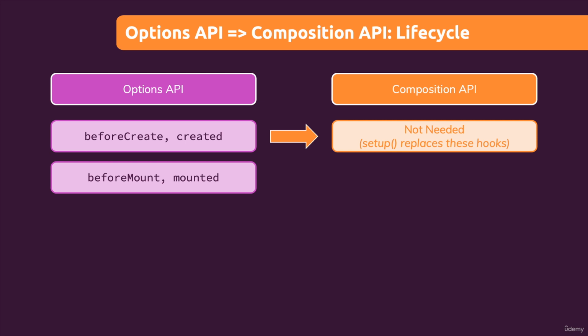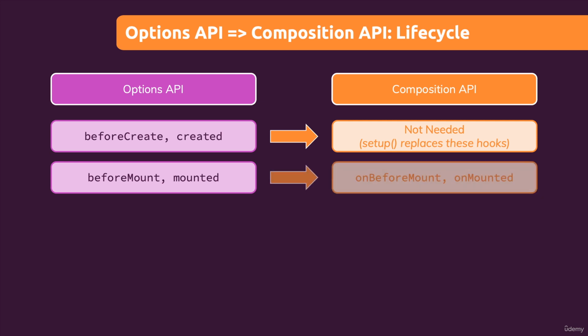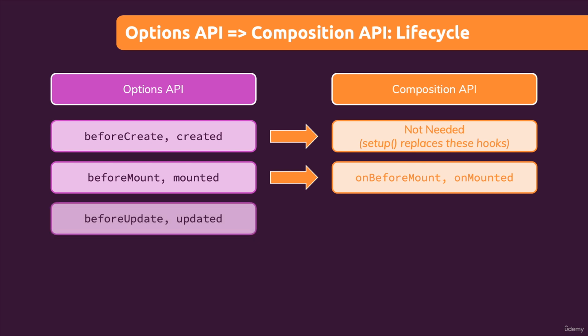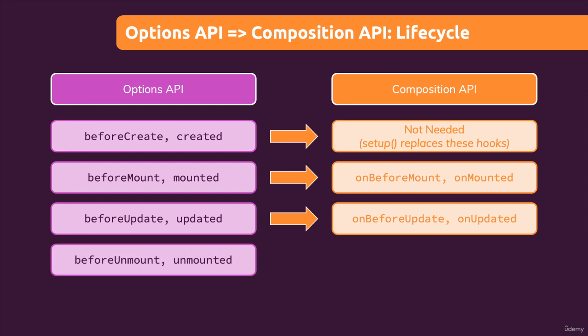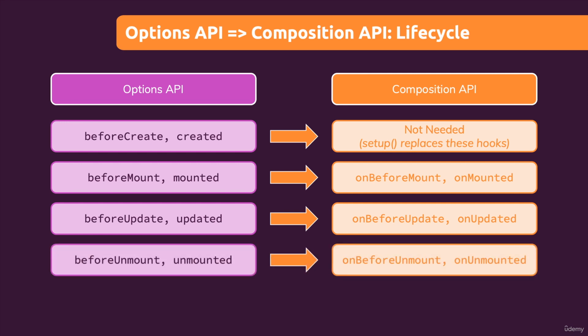Now for beforeMount and mounted, it's different. There we have the onBeforeMount and onMounted functions which can be imported from Vue. For beforeUpdate and updated, it's similar, and the same for beforeUnmount and unmounted. Here we have onBeforeUnmount and onUnmounted. So you see a pattern here.